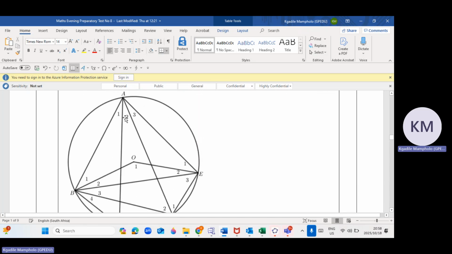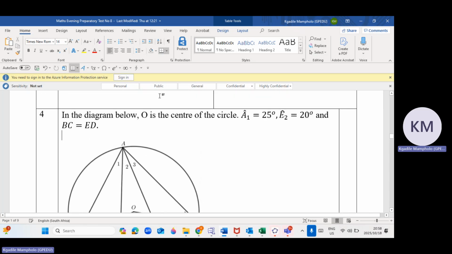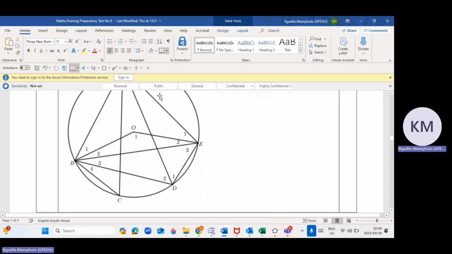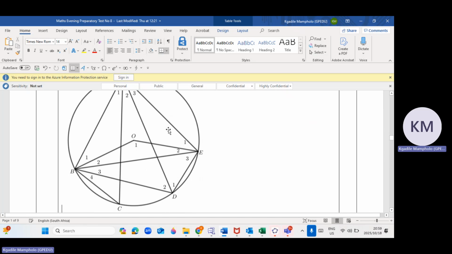Now, we know that A1 is 25, and we know that BC equals DE. A1 will be equal to A3 because equal chords subtend equal angles. We're given that BC equals ED, and remember this is a corollary of theorem number 4.